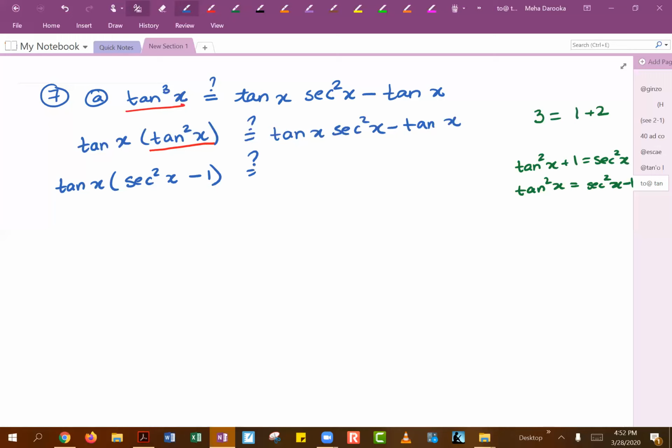And then at this point, we're almost there. All you have to do is take this tangent of x and distribute it inside the parentheses. So you will end up getting tangent of x multiplied with secant squared of x minus tangent of x times 1, which gives you tangent of x.